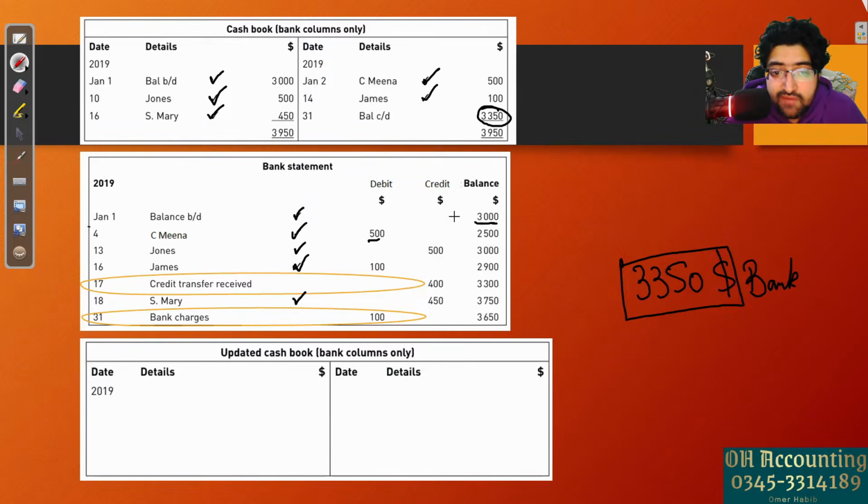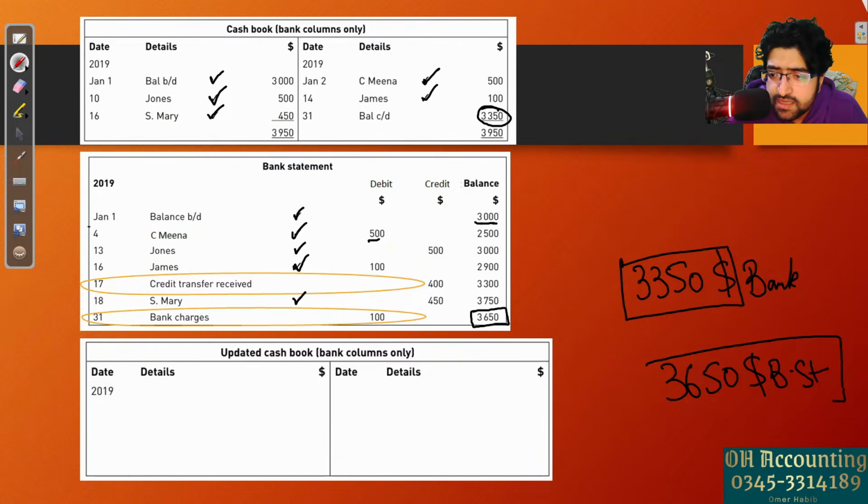But when I looked at the bank statement, I can see that the balance is 3,650. How is that possible? Why is there a difference between these two? The bank statement is showing 3,650, whereas my cash book is showing 3,350. So there's a difference, as you can see.